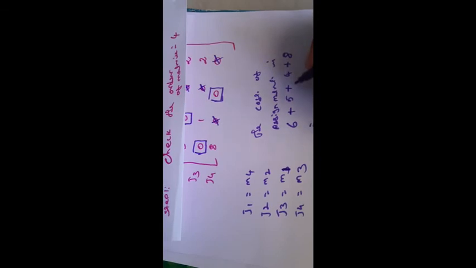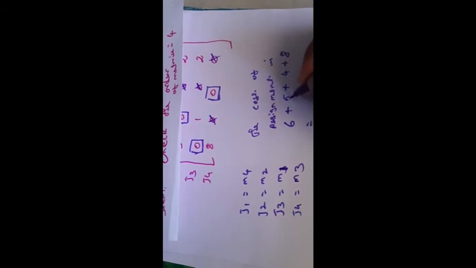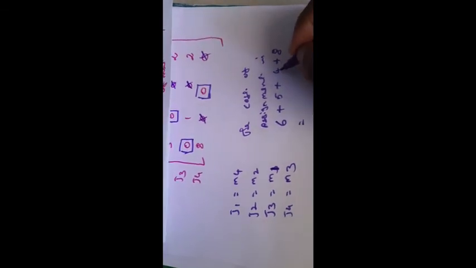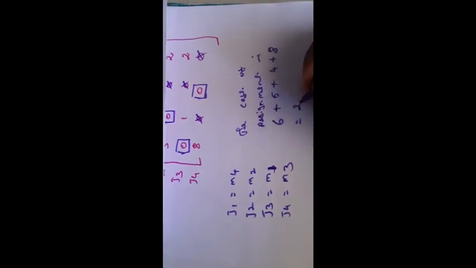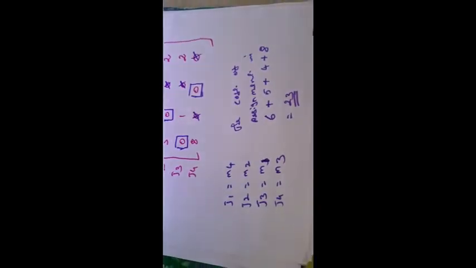The total is 6 plus 5 is 11, 11 plus 4 is 15, 15 plus 8 is 23. The assignment cost is 23.